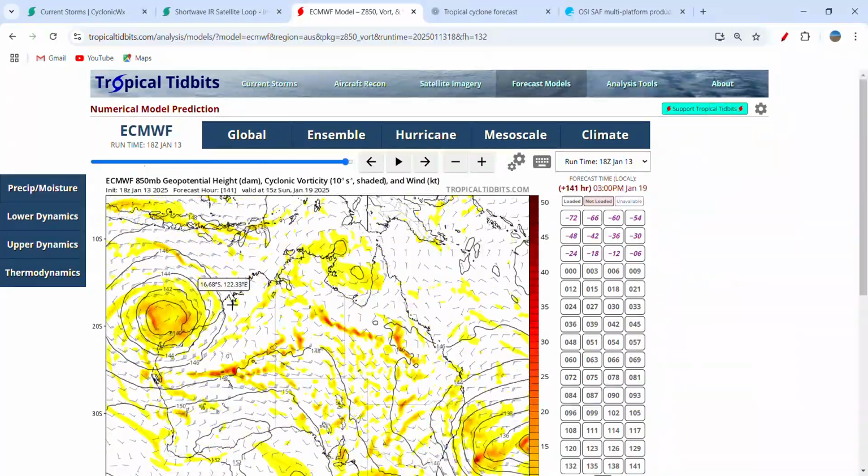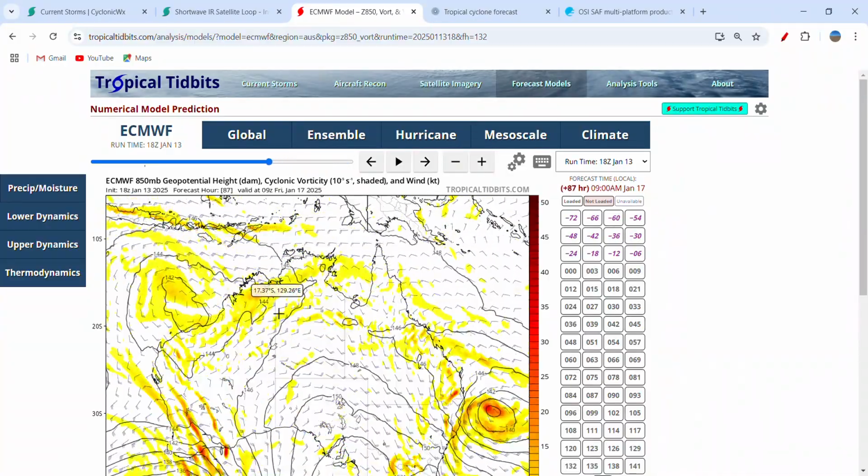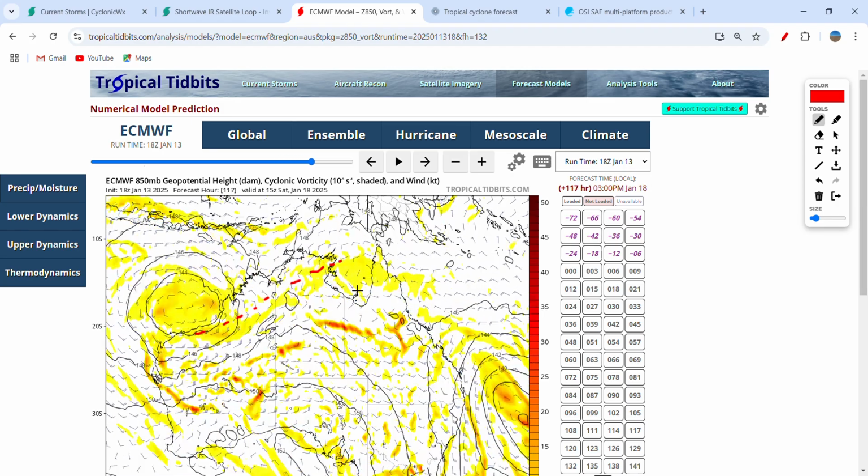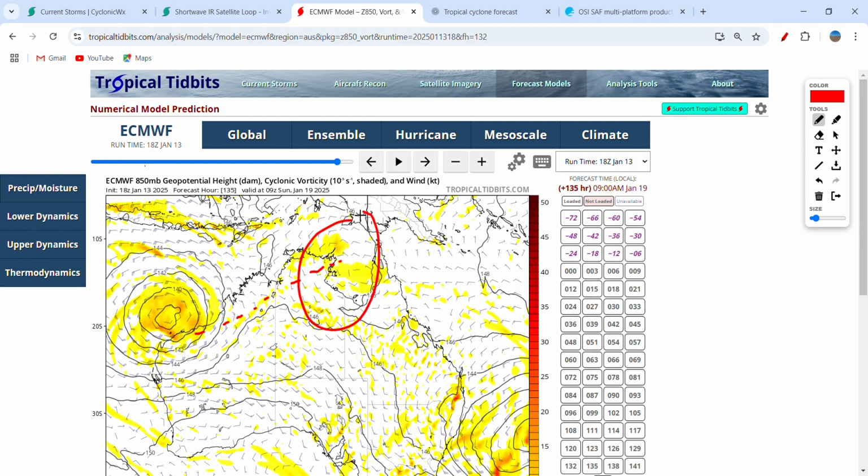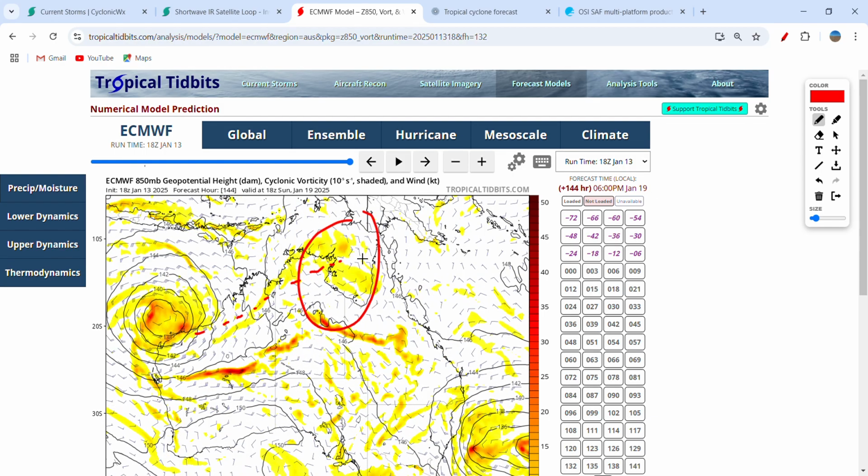Should also note that the end of the monsoon trough does end up spinning up another disturbance. This may be something to watch out for next week, particularly because there is a semi-favourable environment for this area of vorticity to develop. So we'll look into that later, perhaps.